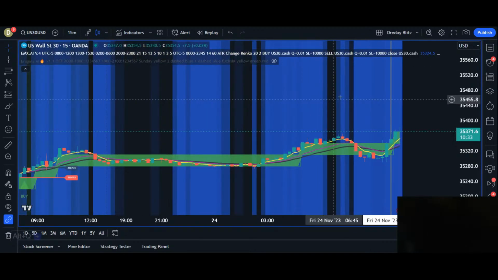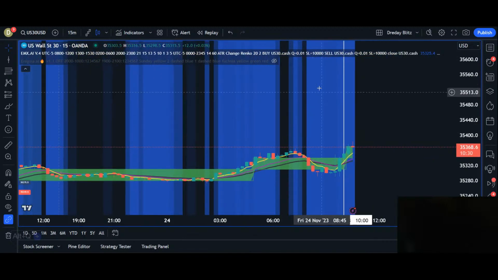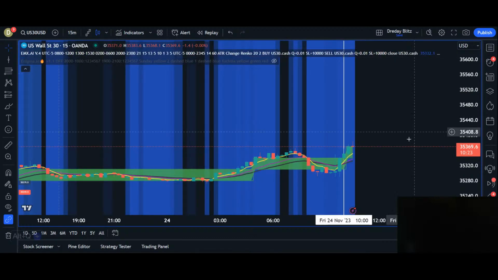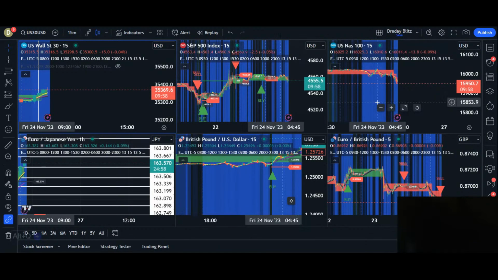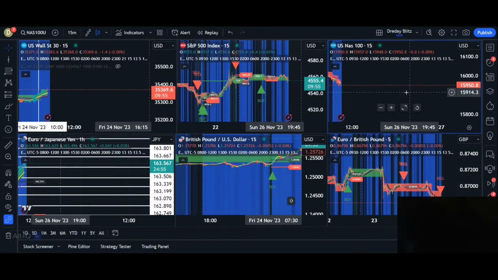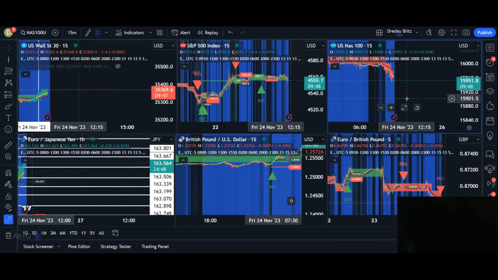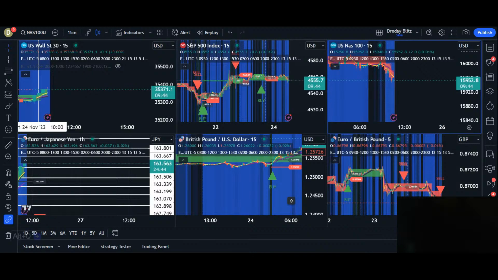So US 30, looking bullish here. So what other market you want us to look at?